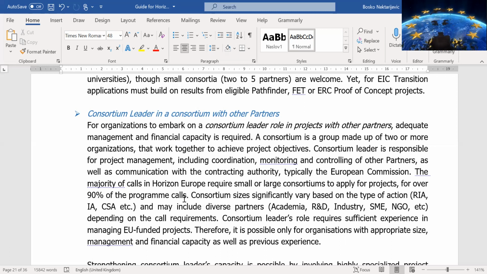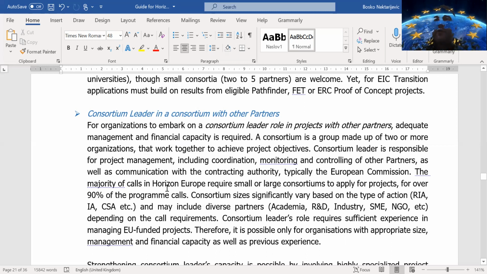Now, the consortium leader role requires sufficient expertise and experience in managing EU-funded projects. Therefore, it is possible only for organizations with appropriate size, management and financial capacity, and of course, previous experience.